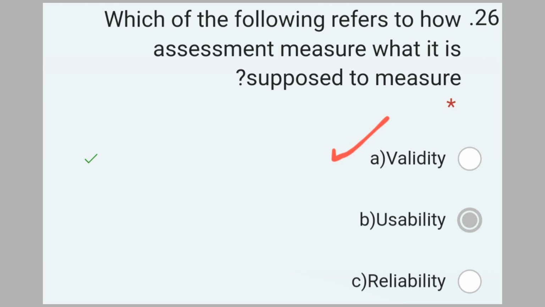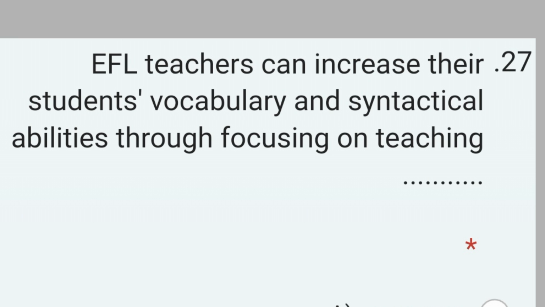26. Which of the following refers to how assessment measures what it is supposed to measure? A. Validity. B. Usability. C. Reliability. 27.